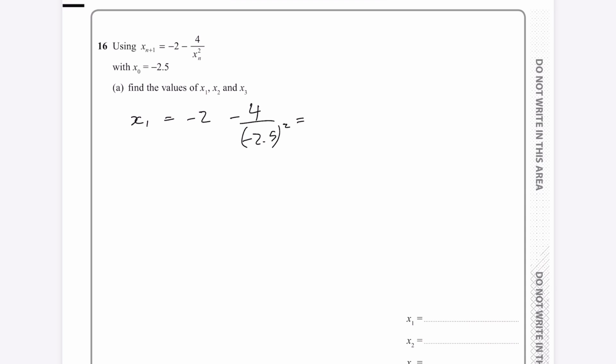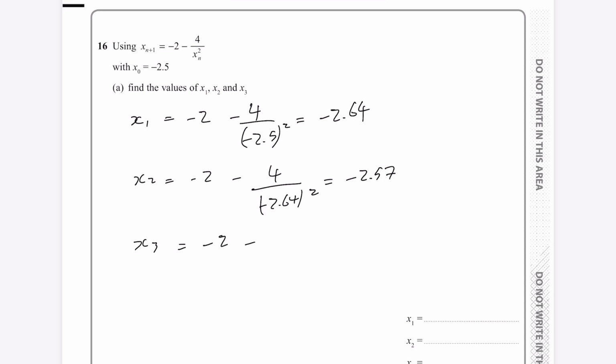If you sub that into your calculator, you get minus 2.64. The next one is minus 2 minus 4 over minus 2.64 squared, which gives you minus 2.57. And finally, we have minus 2 minus 4 over minus 2.57 squared, which gives you minus 2.6037.